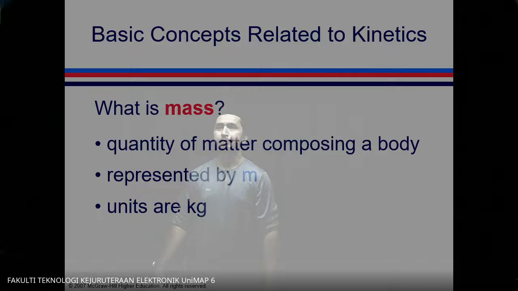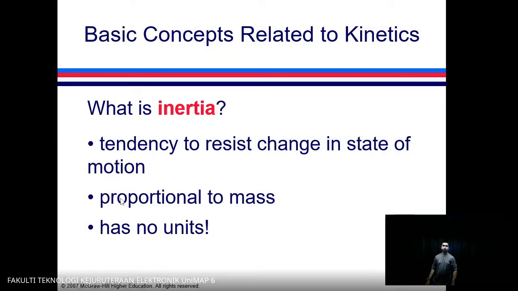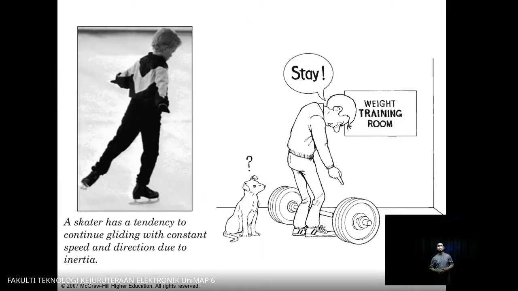Okay, kita go to the next slide. Inertia. What is inertia? You have learned in engineering mechanics. Inertia is the tendency to resist change in state of motion. It is proportional to mass. No unit for inertia. A few examples.